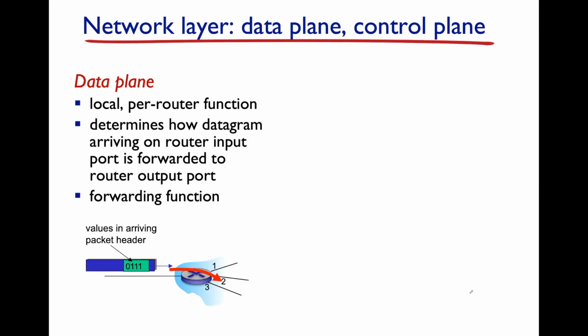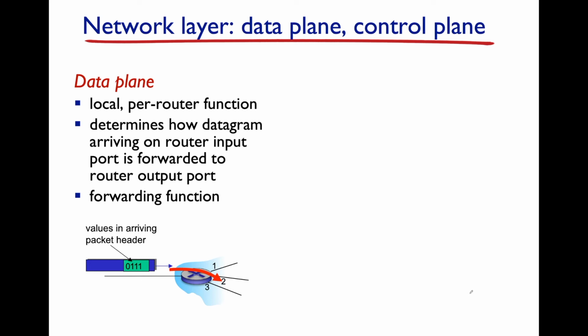And so we separate our network layer into the so-called data plane and the control plane. Now, this is the modern treatment because of something called software-defined networking. Now, the data plane involves the local decision per router, and it determines how a datagram that arrives on its input should be forwarded to some output.